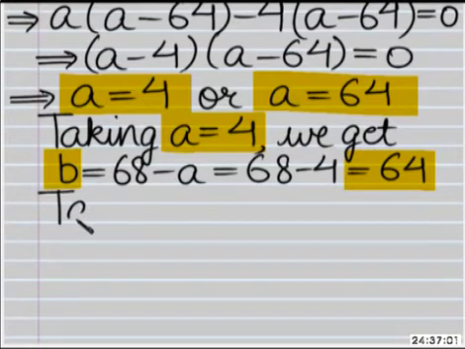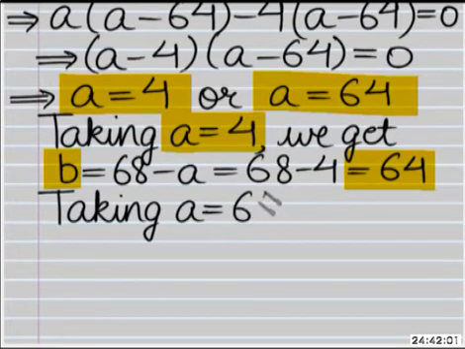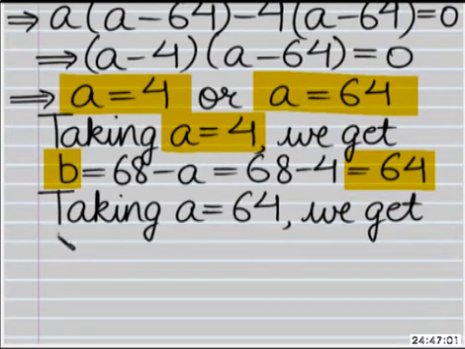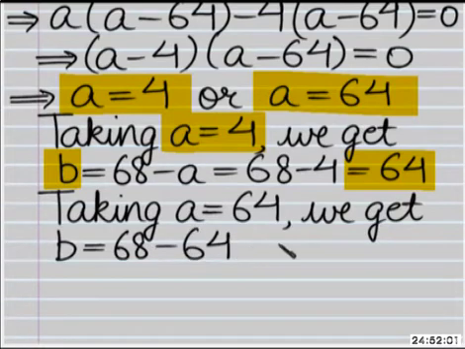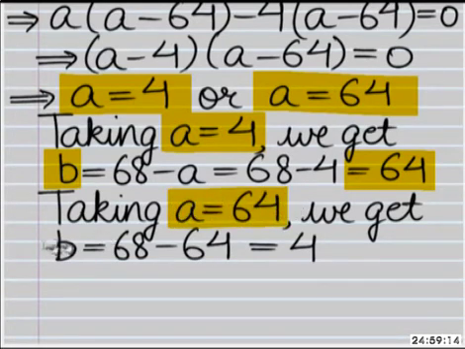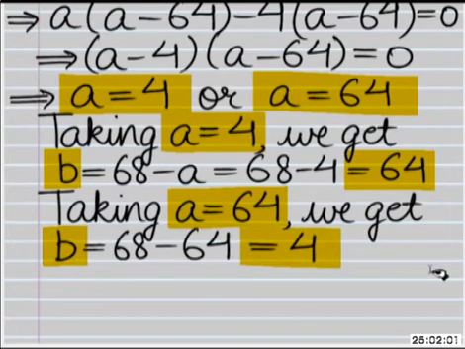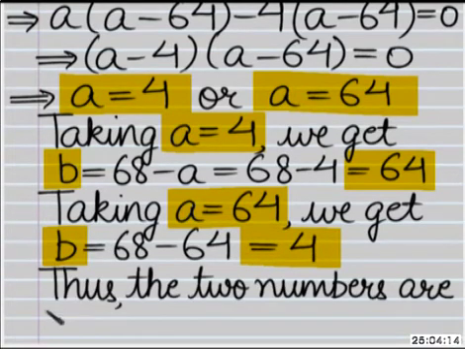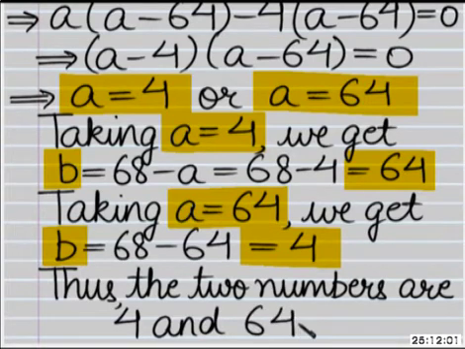Also, taking A is equal to 64, we get B is equal to 68 minus 64, which is equal to 4. Thus, the two numbers are 4 and 64.